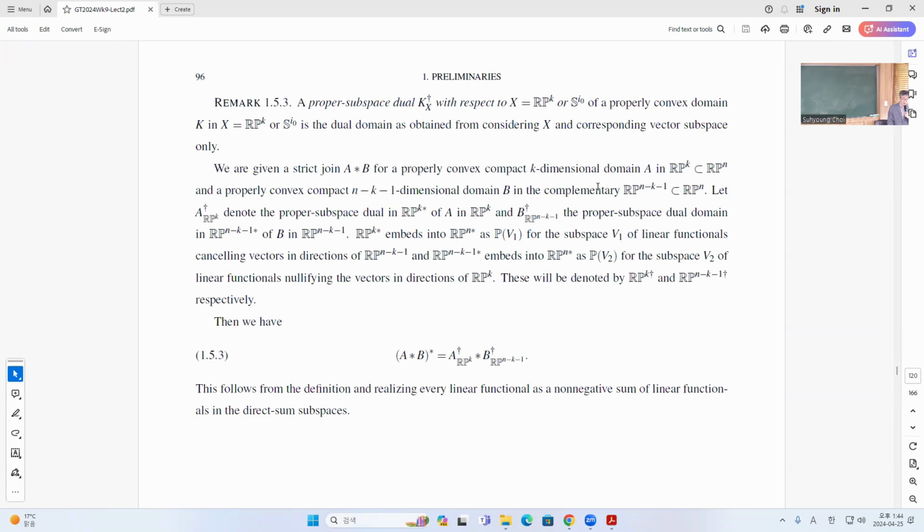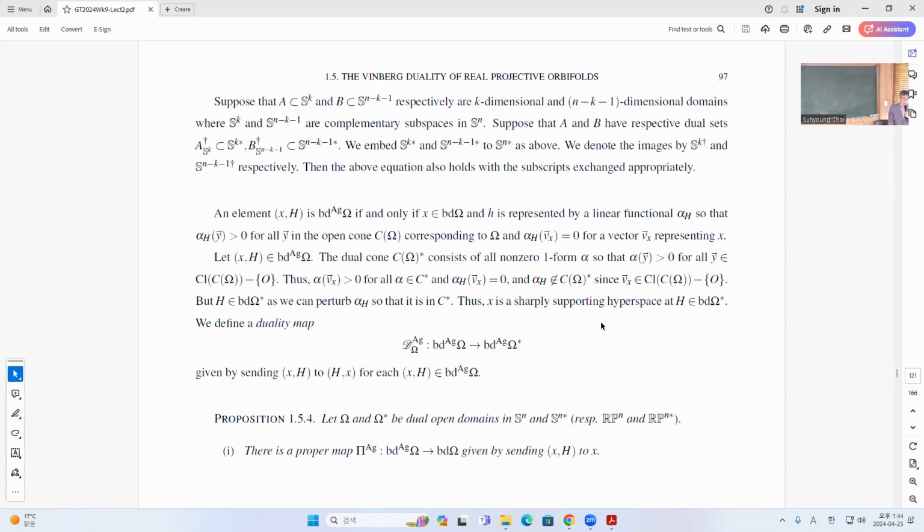Also, if you have independent subspaces and take a join and then take the dual, you have to take the dual of each with respect to the subspace it is in, and then take the join. So that's another such thing happening here.